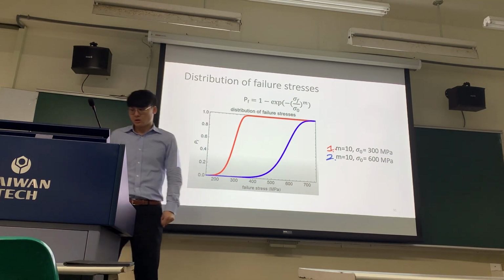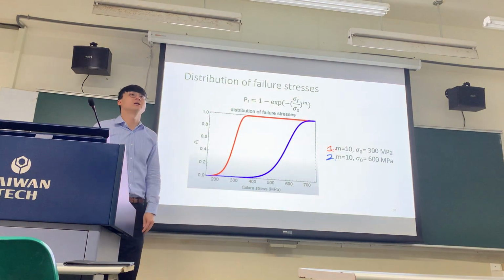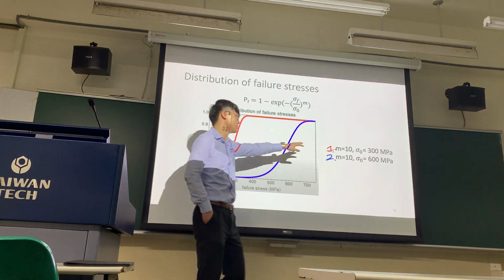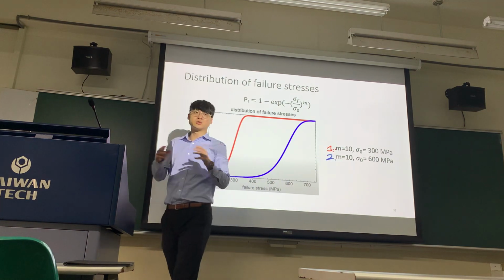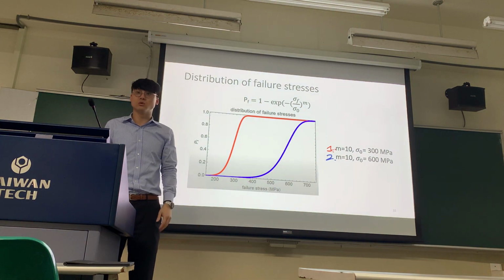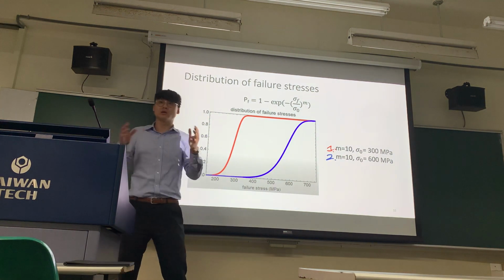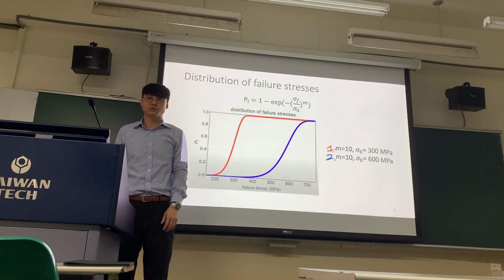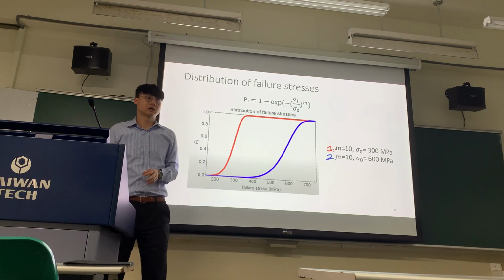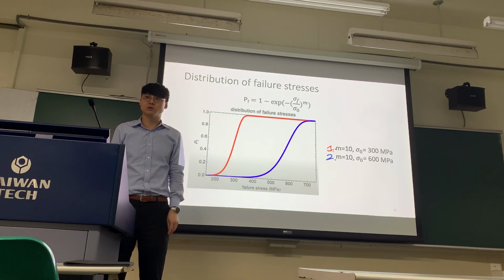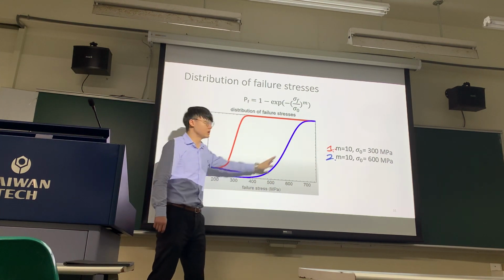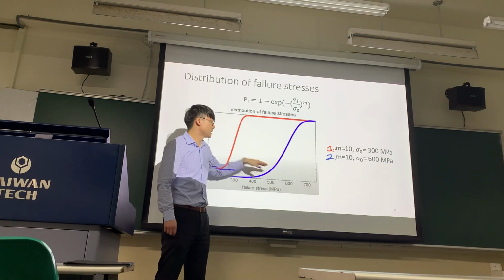So the modulus, what does it mean? You can think about that as a standard deviation. If this number is larger, meaning that the data is less scattered. If the m number is smaller, meaning that the data are more scattered. Regardless, these two are the same, so the curve over here has the same shape.